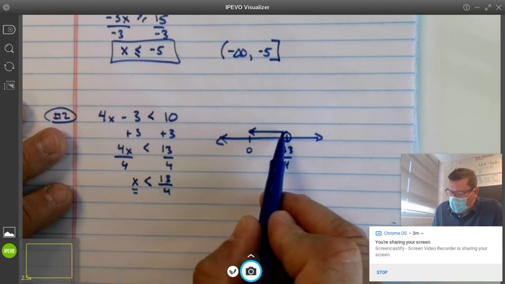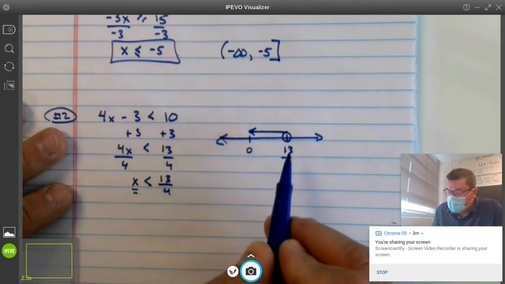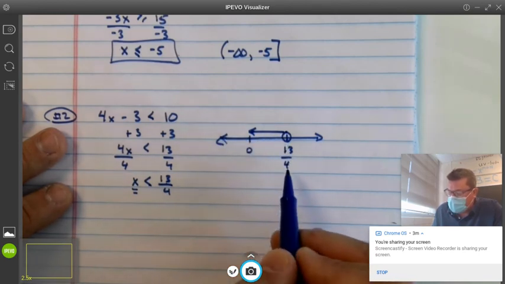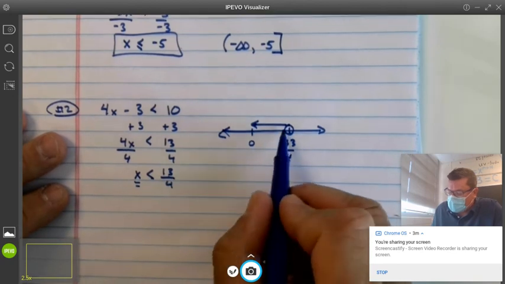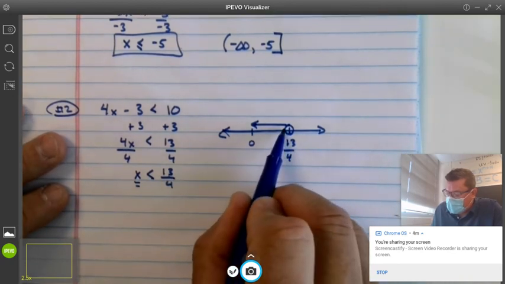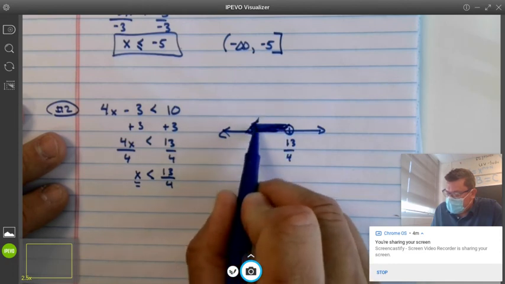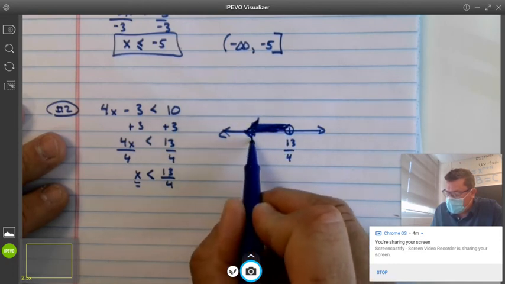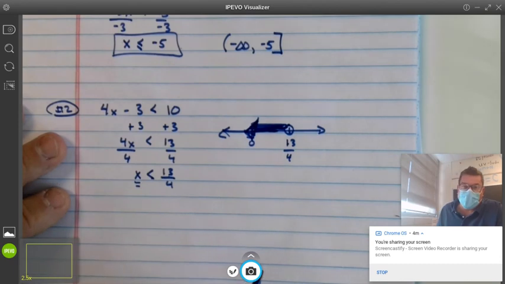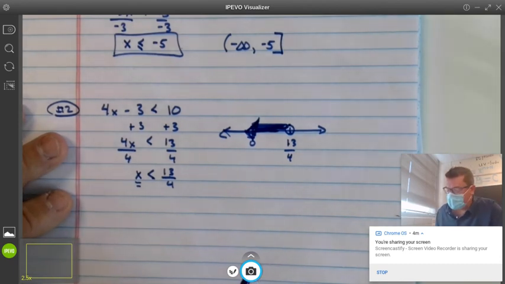Yes. Every number in this shading is less than 13/4. On your My Open Math, it will have this shaded part right on the number line itself. Okay, so don't let that screw you up.